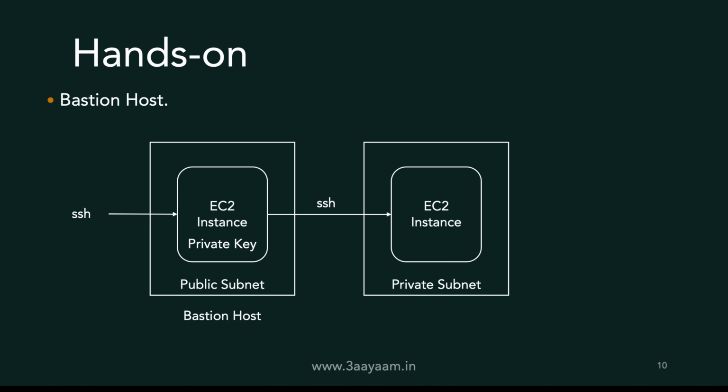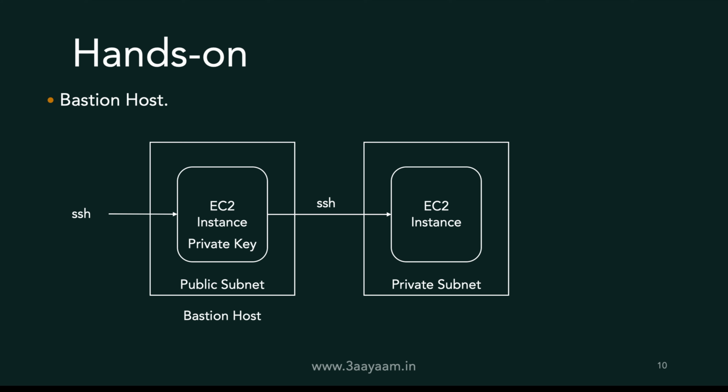The PEM file that I have in my local machine, that exact same PEM file should be there in the EC2 instance of public subnet. So how do we do it? We copy this private key or the PEM file from our local machine to the EC2 instance in the public subnet, and from there we SSH into the EC2 instance in the private subnet.